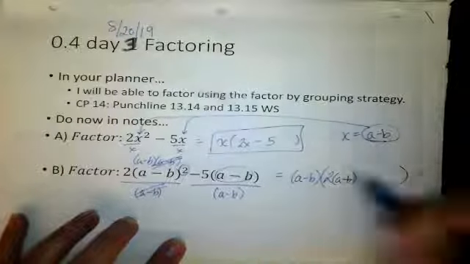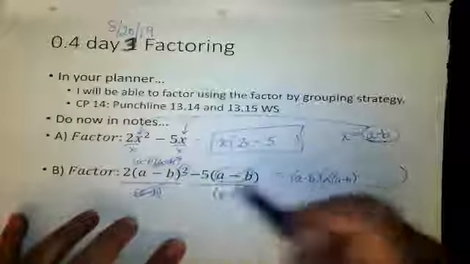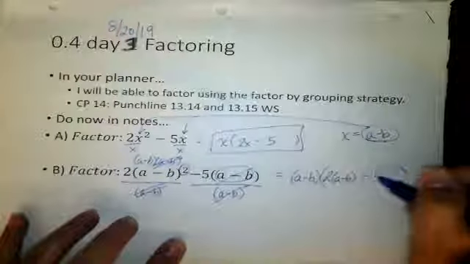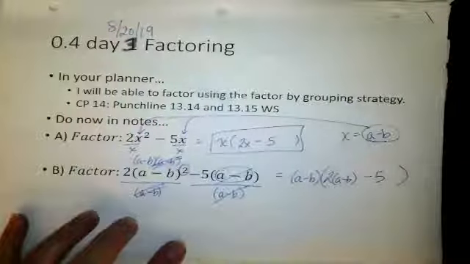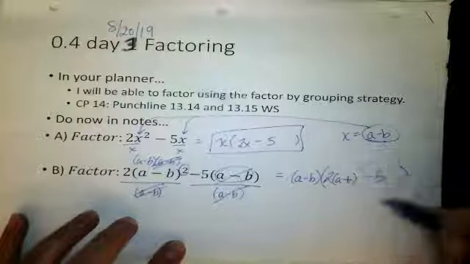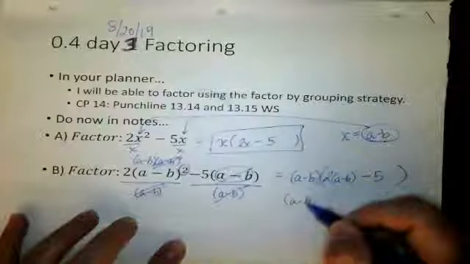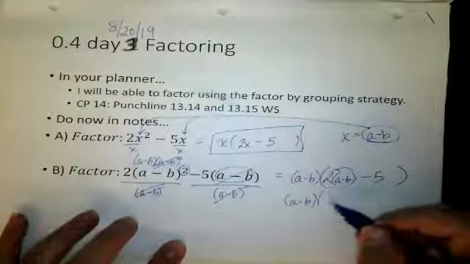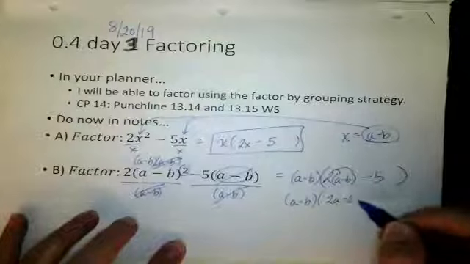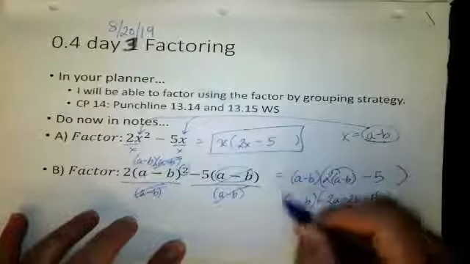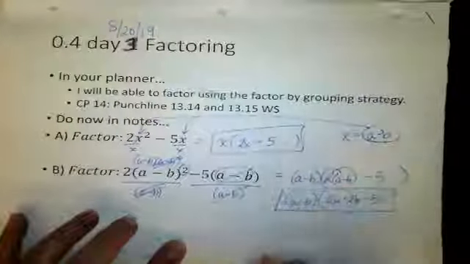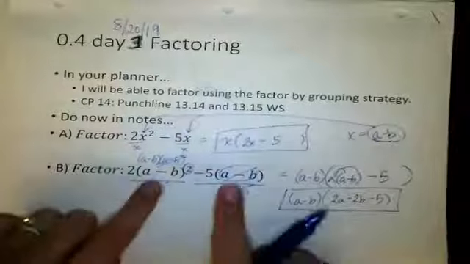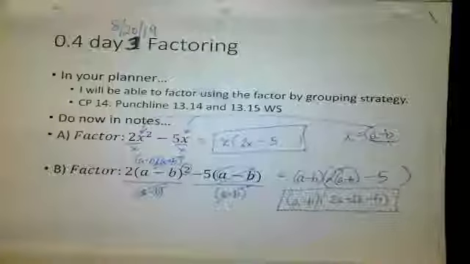And then minus 5. So those cancel out, and we're left with the minus 5. Now, can I do a little bit of cleanup inside here? Yeah. I can distribute the 2. So 2a minus 2b minus 5. This is factored. Ladies and gentlemen, this is what we're doing today.